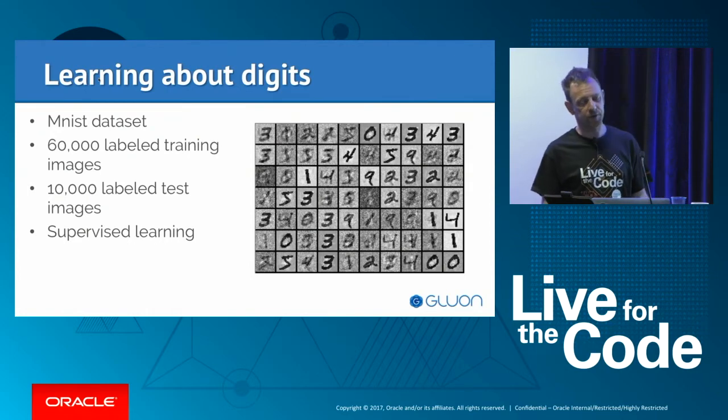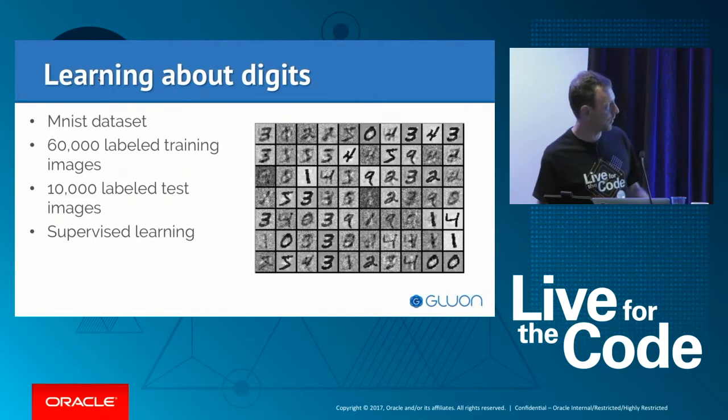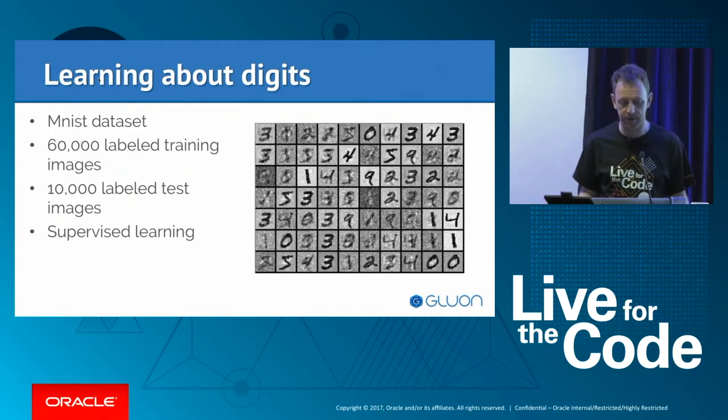It is a typical example of supervised learning, because those 60,000 images, they are handwritten digits by different people who wrote a digit and then labeled it. For example, the top left corner is a three. And that's easy to recognize, but for example, the third row, that's already much more difficult to recognize.